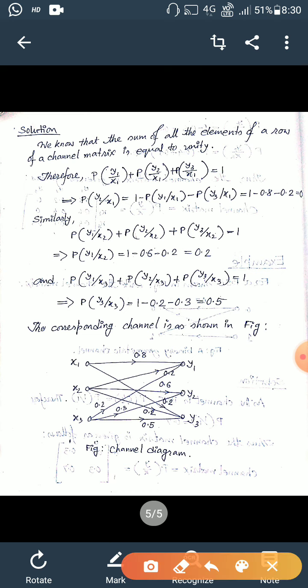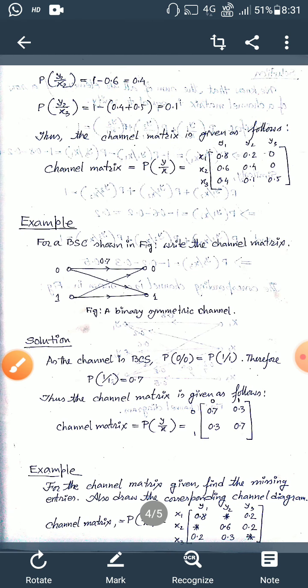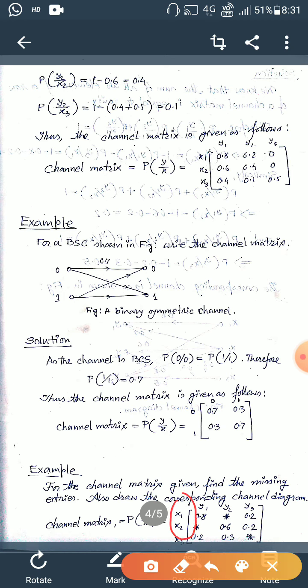So in here this individual value is given to you: this is 0, this is 0.2 and 0.5. I already discussed why on the previous page. If you draw the corresponding channel diagram, there should be three inputs x1, x2 and x3, because the matrix given in the question has three inputs, and three outputs.